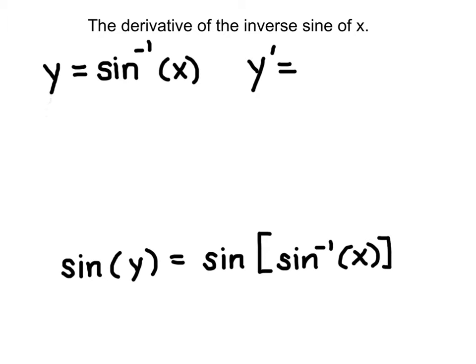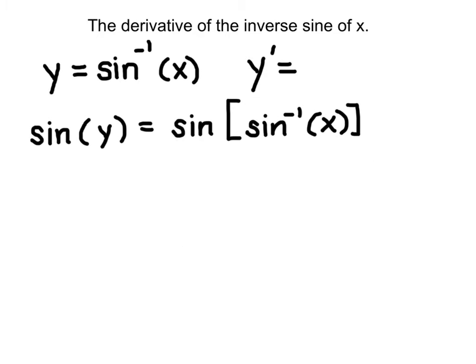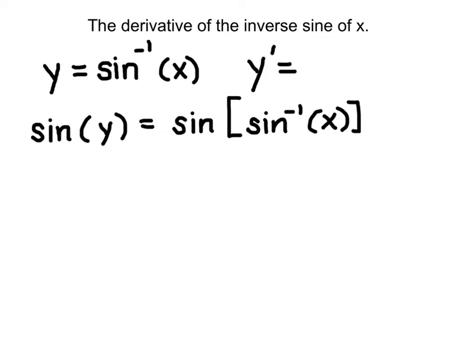This keeps my equation balanced, because I'm doing the same thing to both sides. What you can see here is that I've taken a composite of two functions that are inverses of each other, and the sine of the inverse sine gives us back the input, which is x.